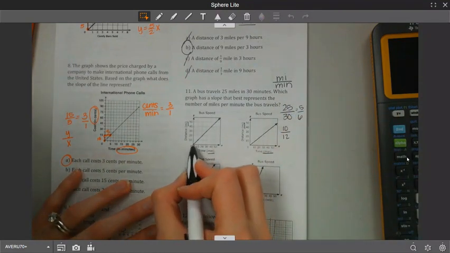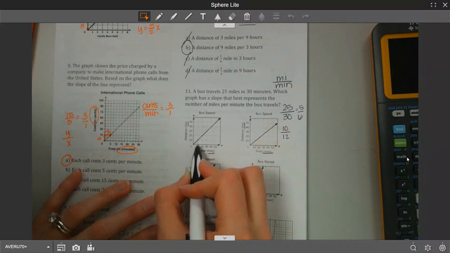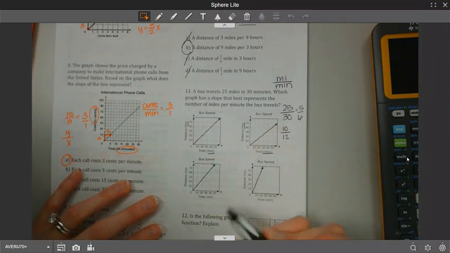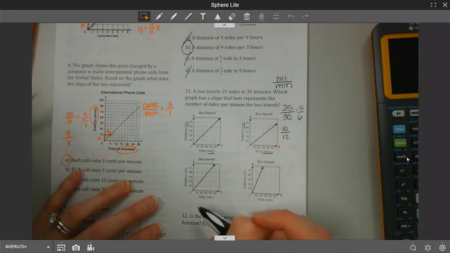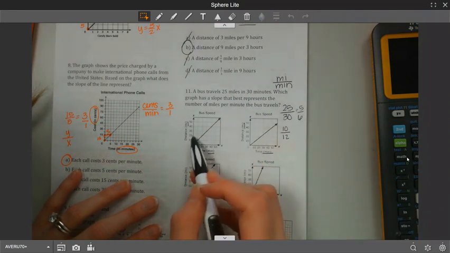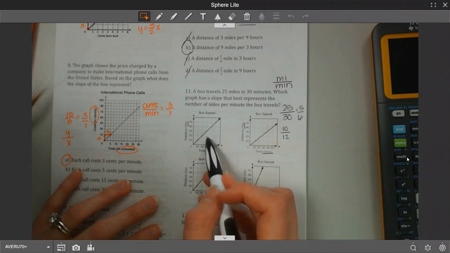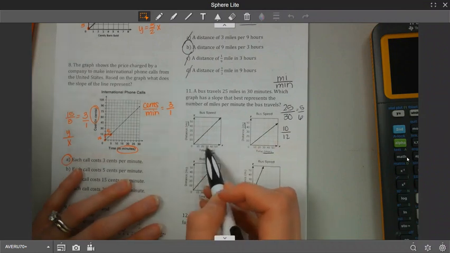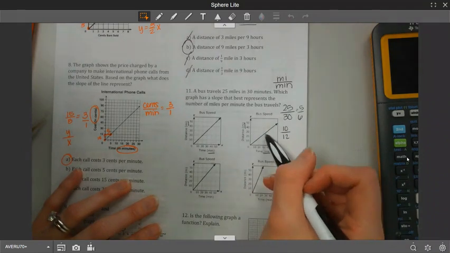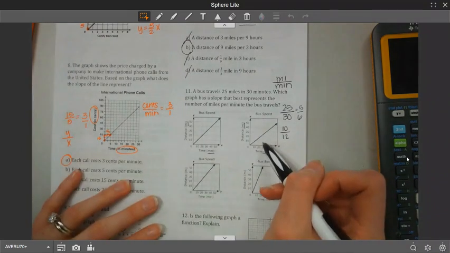So here it says up 10 over 10. Maybe. I'd see if there's a better choice first off. So if I go up 25, I want to be able to go over 30. This one looks like it's 30 over 30, so I don't think that's quite it. Here, if I went up 25, goes over 30, looks pretty good.